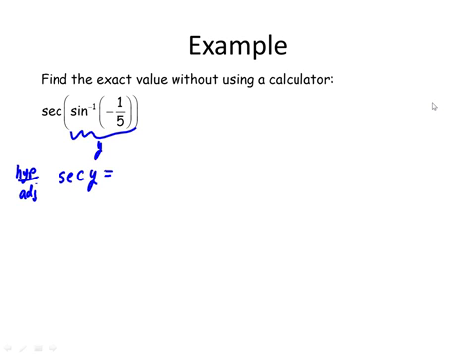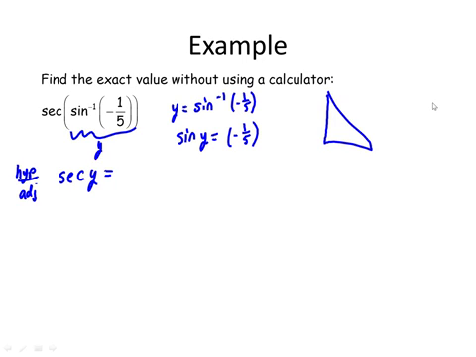Okay? So look at what we have. We have y equals sine inverse of negative 1/5. Well, so sine of y has to be negative 1/5. So let's go to our triangle. And let's say that this is y. Can your hypotenuse be negative ever? No. So opposite over hypotenuse.